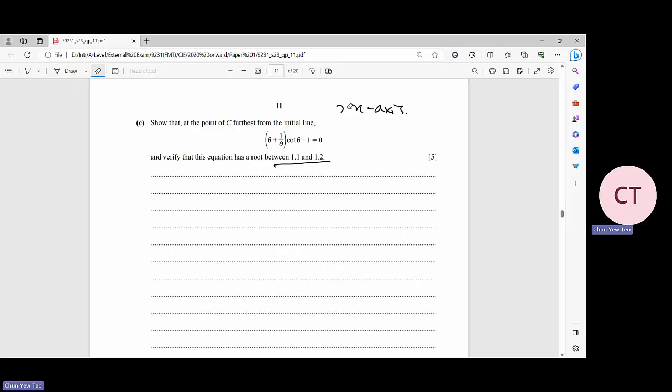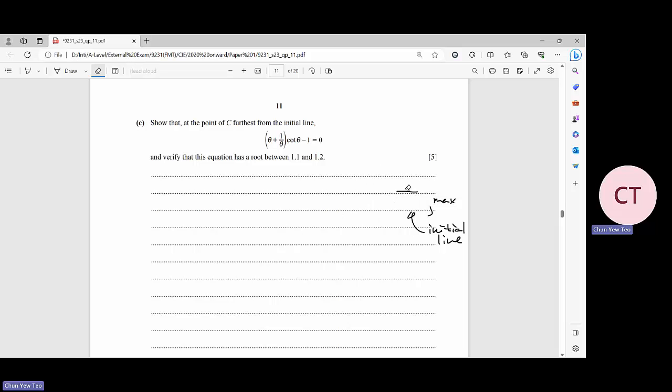In order to show this, first of all, you need to understand that furthest from the initial line, this is your initial line. So if you want to go further, the graph is like this, right? The furthest will actually be the y maximum. To get y maximum, your dy dx must be 0.